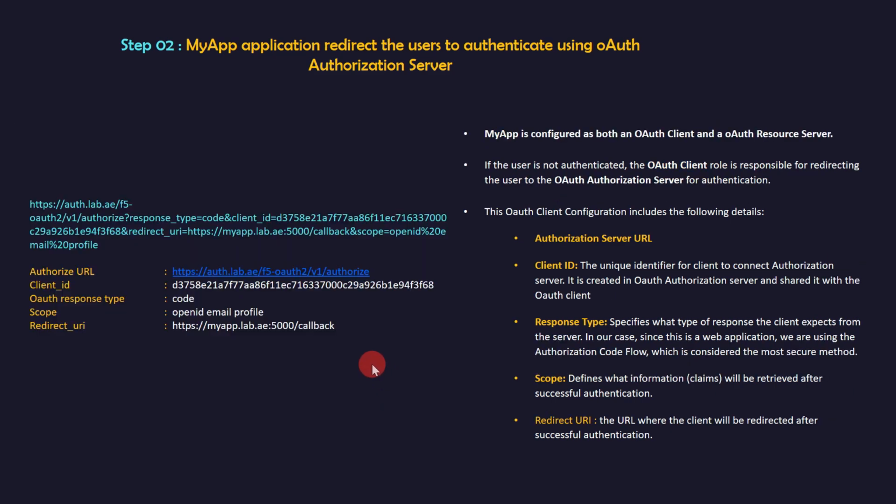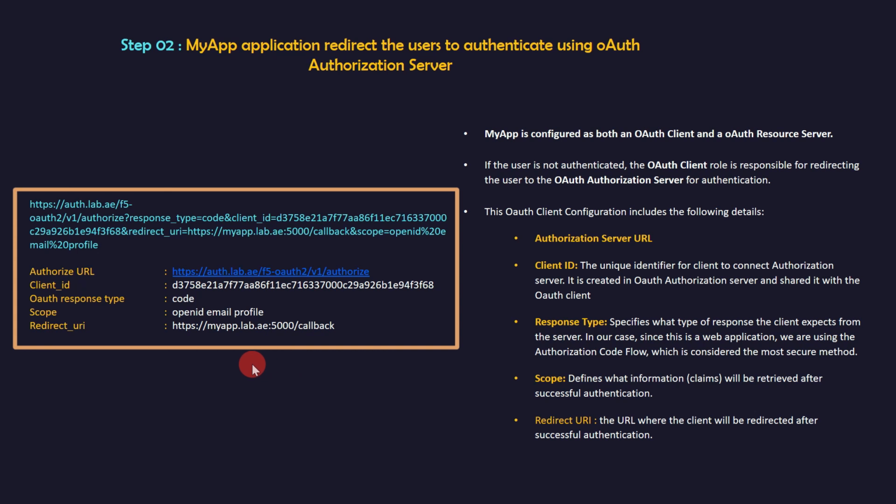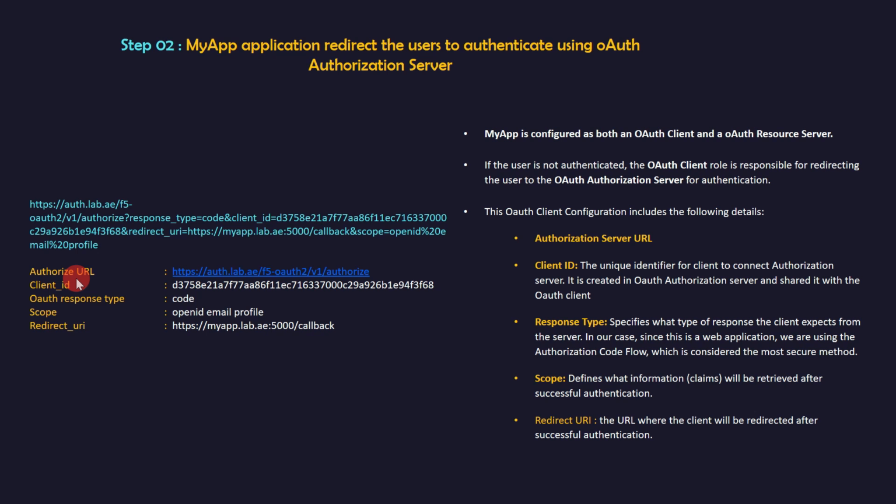For this redirect, the OAuth Client configuration includes the following details: Authorization Server URL, then Client ID, then Response Type, then Scope, and Redirect URI. Let us discuss each one in detail.